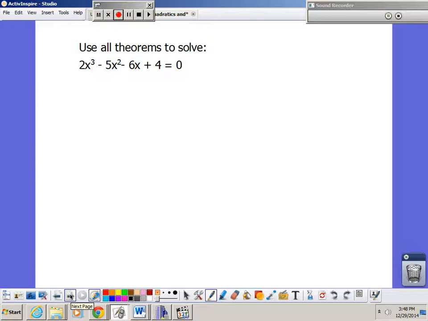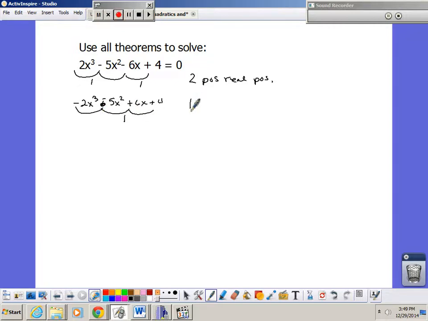Okay, let's use Descartes signs. Change, no change, change. 2 positive real possible. Negative 2x cubed, no, that doesn't change. Negative 5x squared plus 6x plus 4. No change, change, no change. 1 negative real possible.